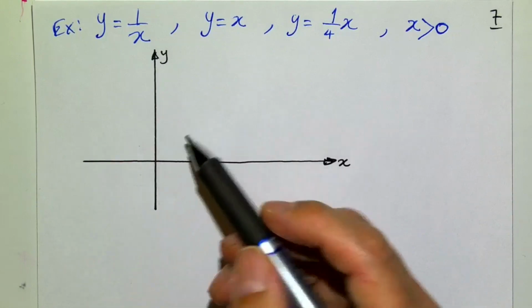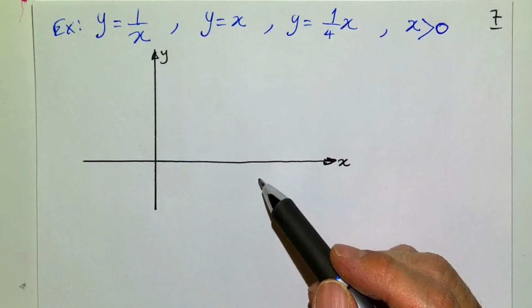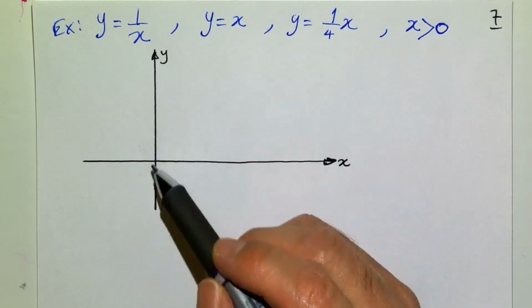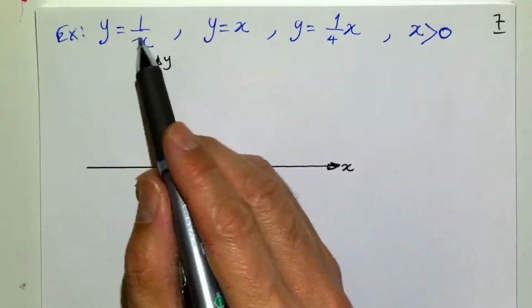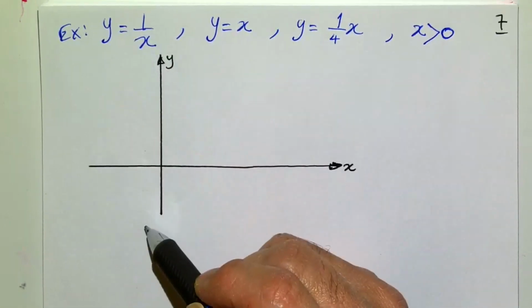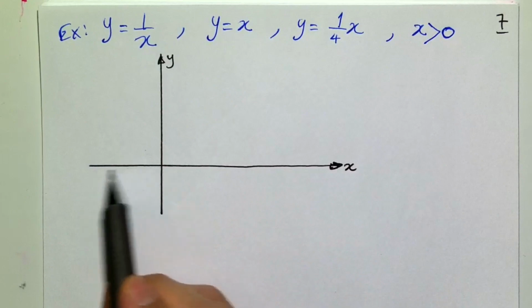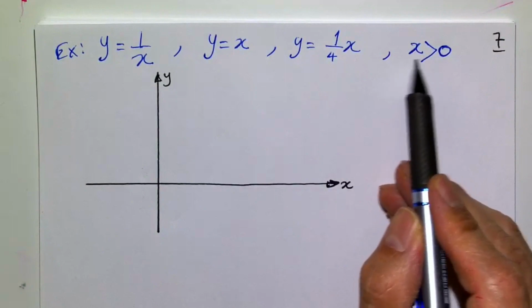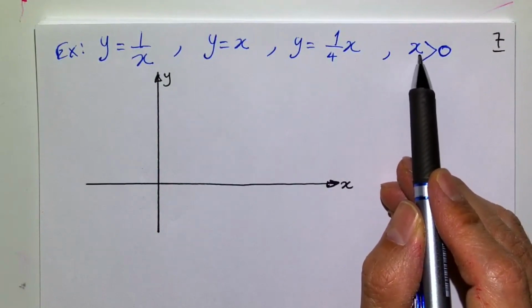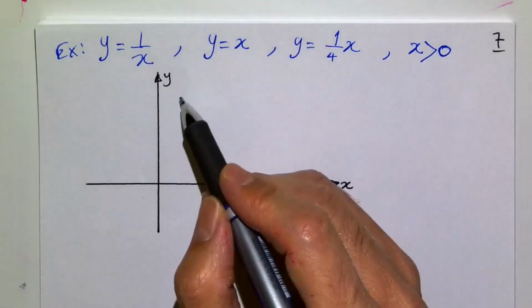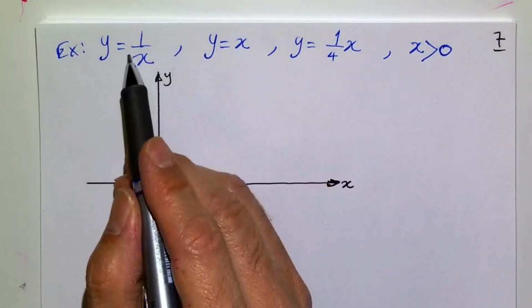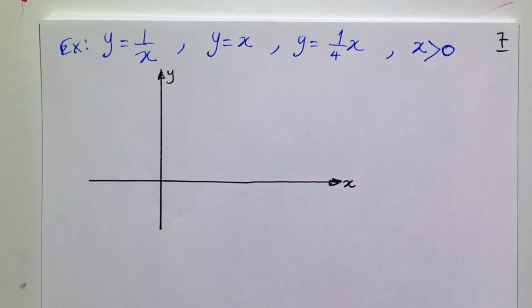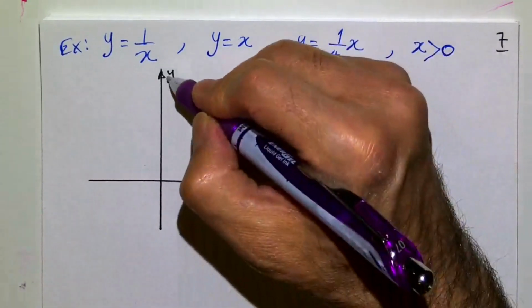But in this example, we really have no need for the piece in the third quadrant, because in that quadrant x values are negative, and we don't need that. We are only focusing on the area for x values greater than 0. So I'm going to draw the piece that is in the first quadrant. Well, let me use my red ink here.